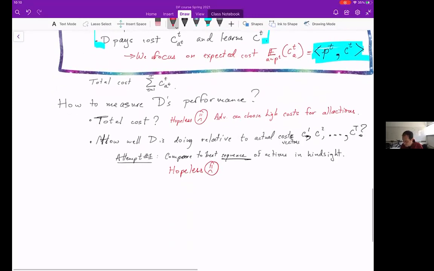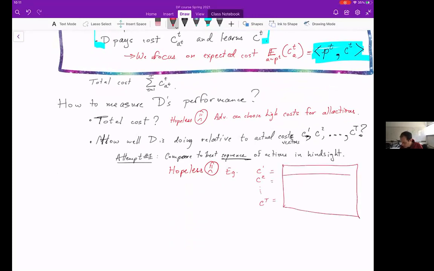So for example, if we imagine the costs as a big table, there could be a 0 here, and then a 0 here, and then a 0 here, and then on the last day a 0 over here, and then 1s everywhere else, right?